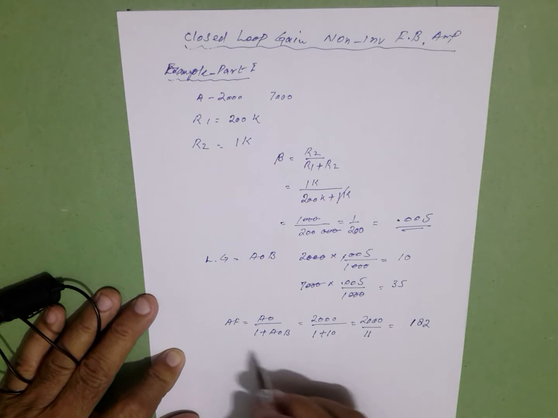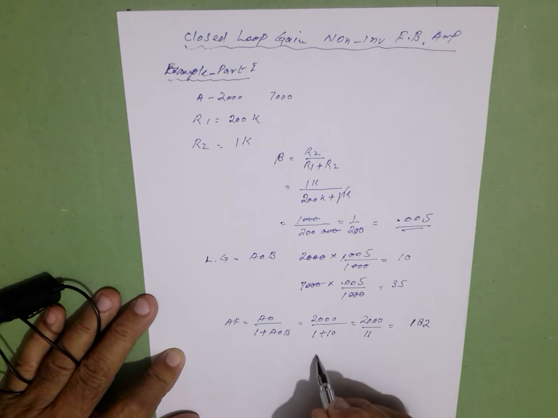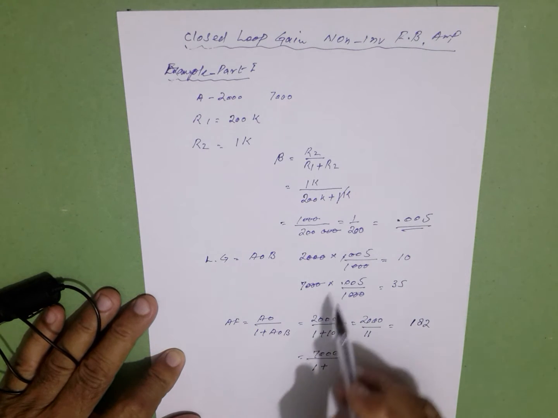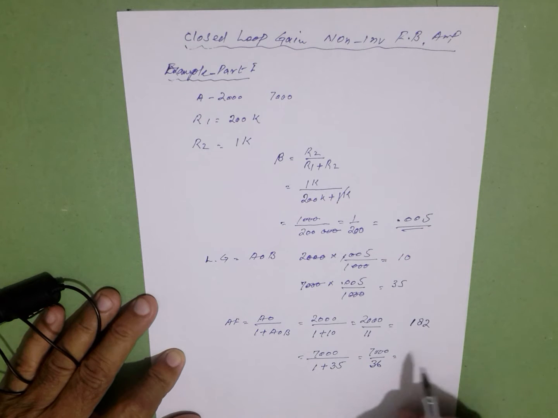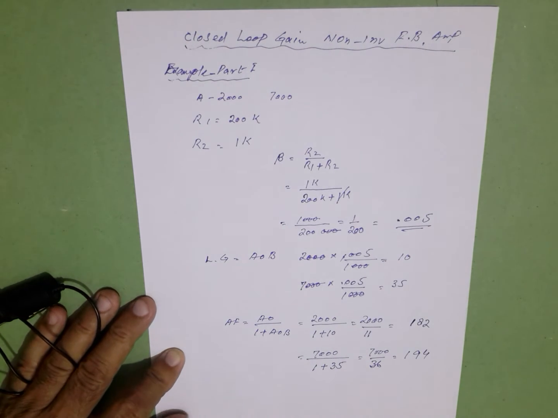Let us find out the gain with feedback for 7000. It is 7000 over 1 plus A naught beta, which for 7000 is 35. We can write 7000 over 36, and it is nothing but 194.